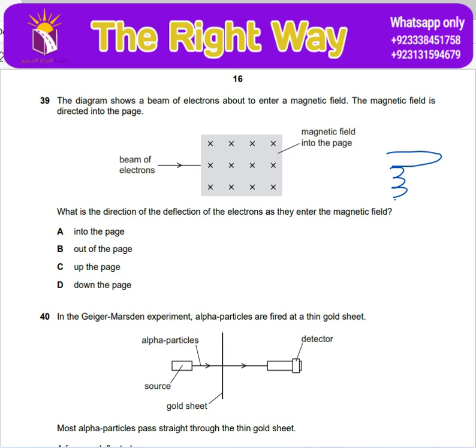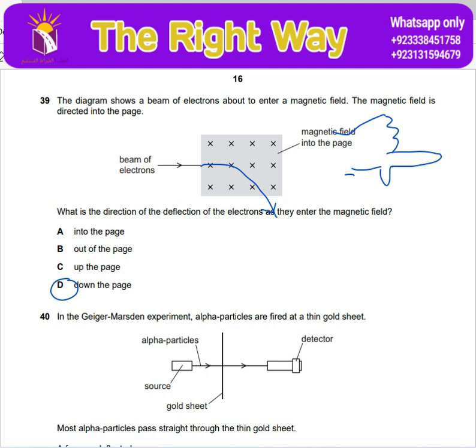Your thumb will point downward, down the page. So downward on the page is the direction of the force on the beam of electrons as they enter the magnetic field.